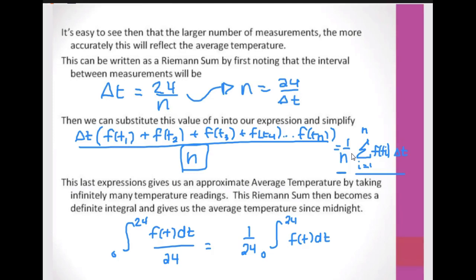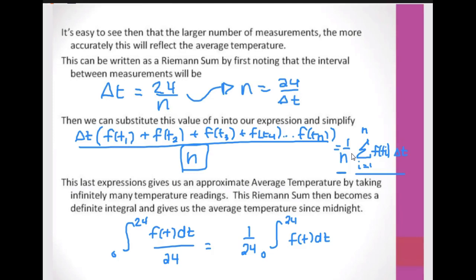We're going to see where that 24 comes from with respect to our problem and our bounds in a second. So the average value of a function is simply a summation of all of the values and then averaging them up.